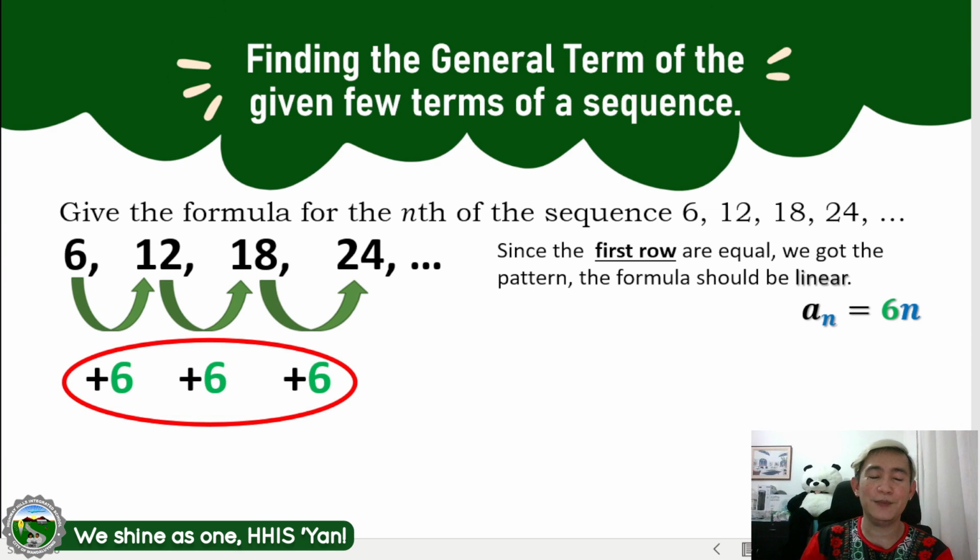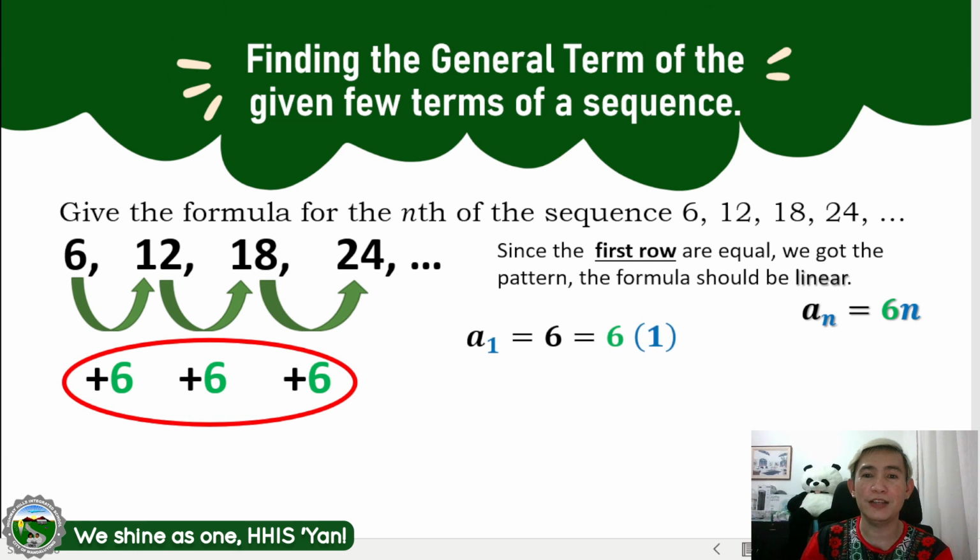So the third step is to check if the expression or the formula fits the given values by substitution. So since our 6, 12, 18, and 24 is our first, second, third, and fourth term of the sequence, therefore we have to substitute n by 1, 2, 3, and 4 successively.